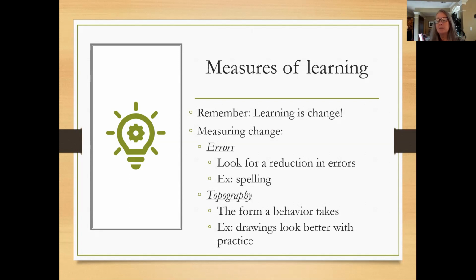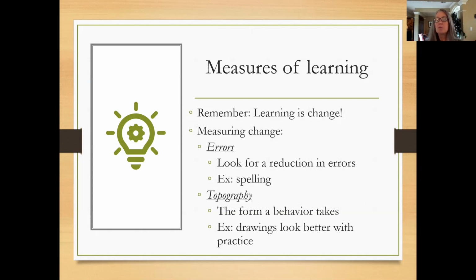The second experiment that I asked you to think about was, do first graders and sixth graders differ in the way that they solve math problems? You might look at topography as your dependent variable for that. You might give first graders and fifth or sixth graders, whatever grade I said, a simple addition problem or a multiplication problem, and then ask them to solve the problem and show their work.